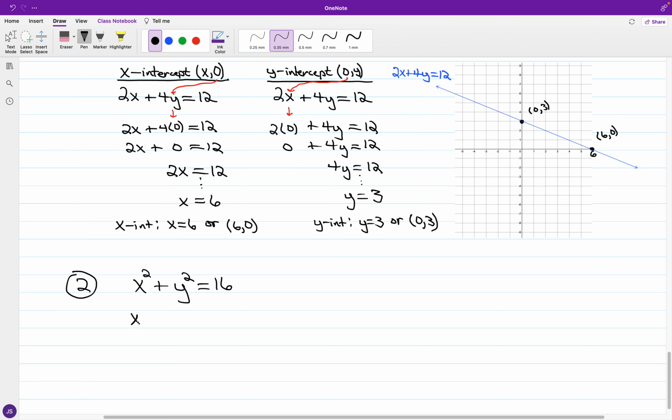If I'm looking for the x and the y-intercepts, for the x-intercepts I have the general coordinates at (x, 0), and for the y-intercepts, I have the general coordinates at (0, y).